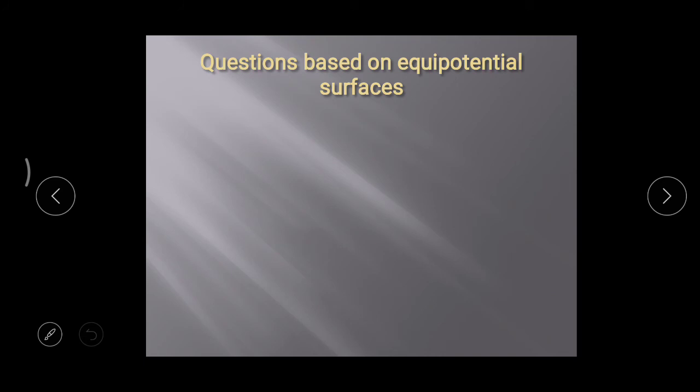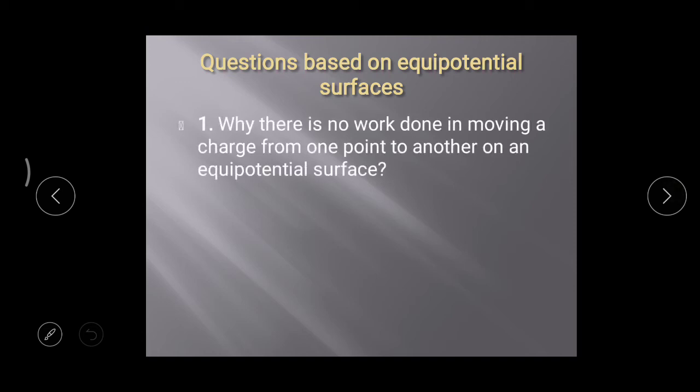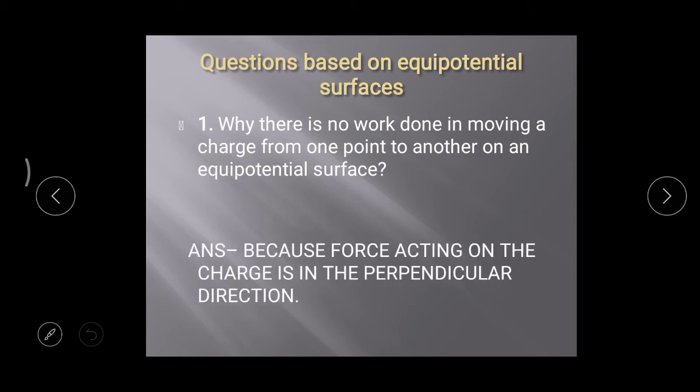Now by studying these properties and figures, we are able to answer the questions related to equipotential surfaces. Our first question is why there is no work done in moving a charge from one point to another on an equipotential surface. We had given the answer in the previous slides: potential difference is zero on an equipotential surface and work is always done against the potential difference.